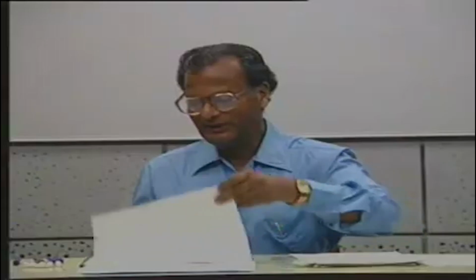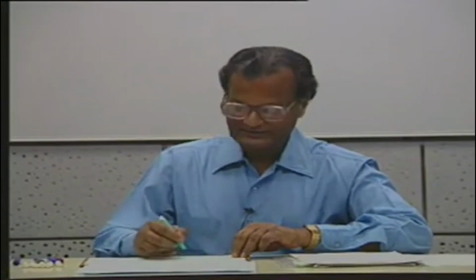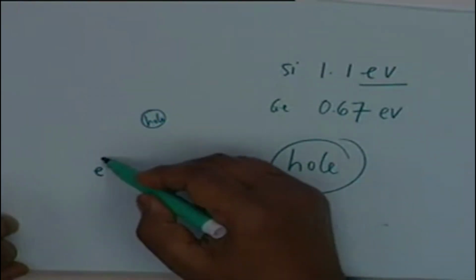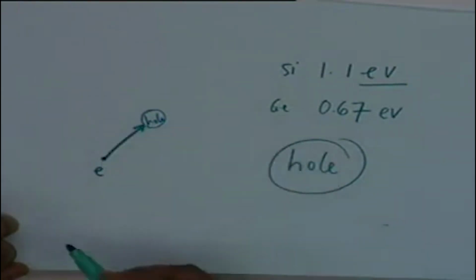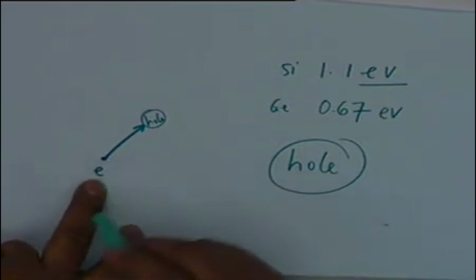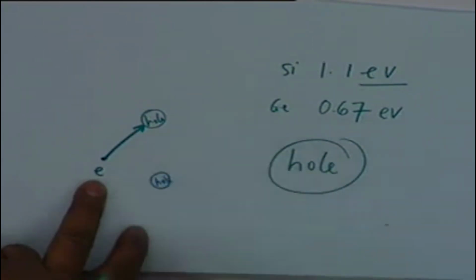Now if I look at the picture, there was an electron here, and there was a hole here. So this electron has gone to the hole and made it neutral. As a result, if this electron had belonged to another atom, what would have happened? A hole would have been created here.